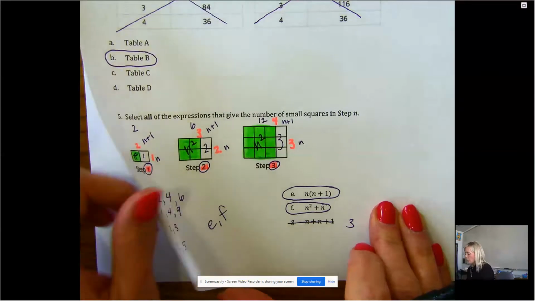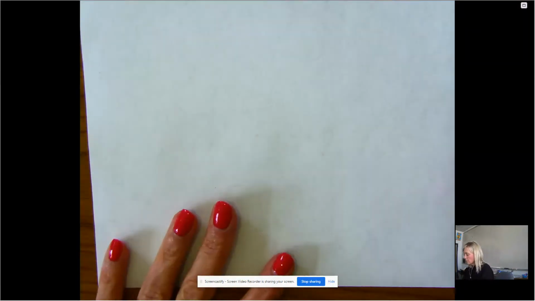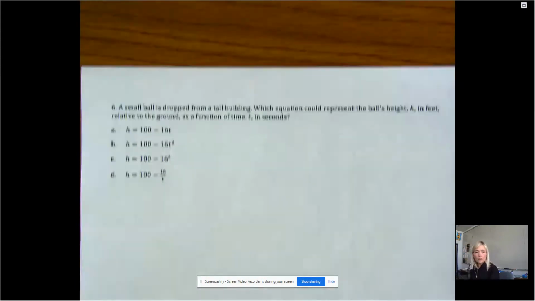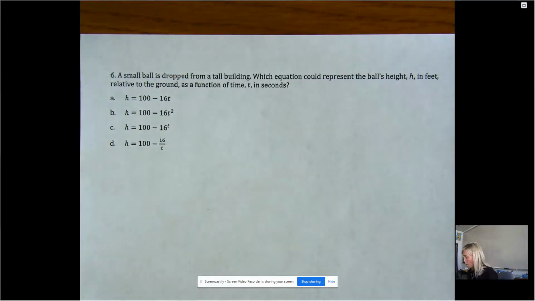All right, and then finally on number 6. On number 6, it says a small ball is dropped from a tall building. Which equation could represent the ball's height h in feet relative to the ground as a function of time t in seconds?